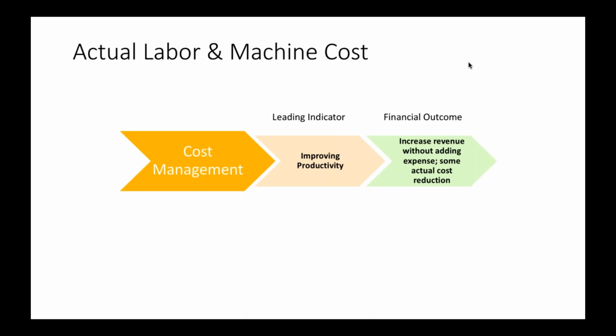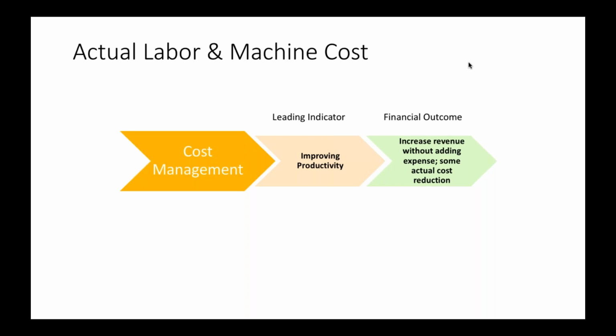You're creating more time, and because you're creating more time, you can use these resources to produce more product or produce more services without adding any additional cost. So you will see more revenue. You may not see much cost reduction.